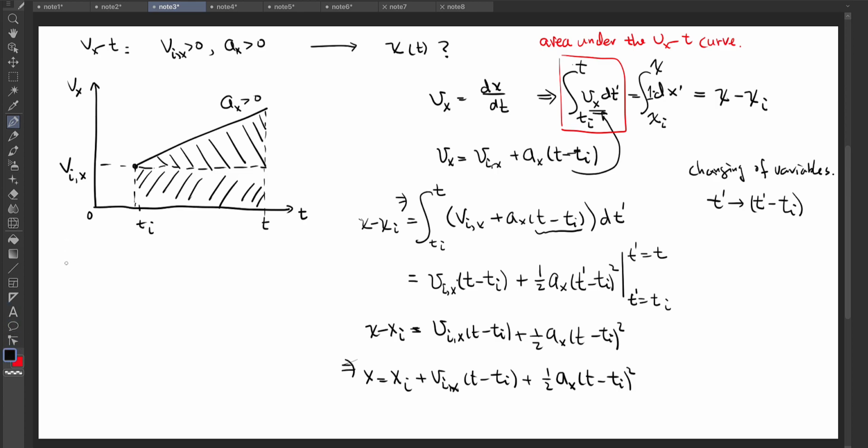Okay, so let me write this down. The total area is given by the rectangular plus the triangular area.